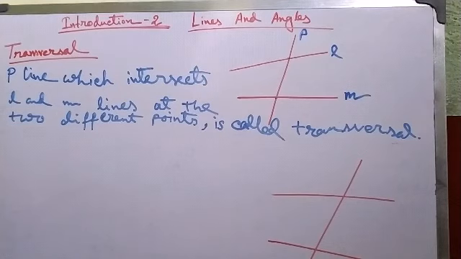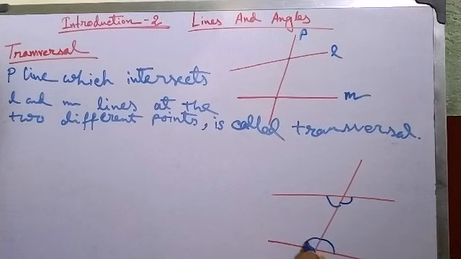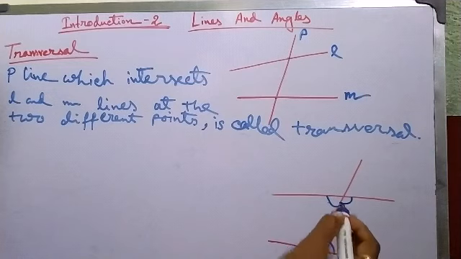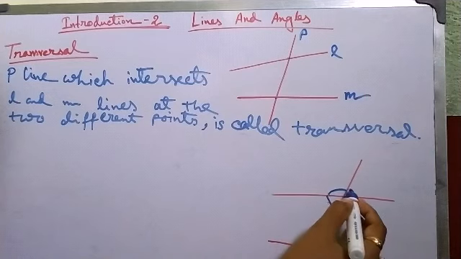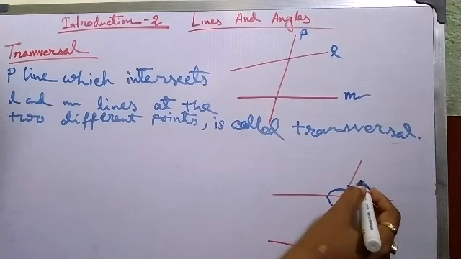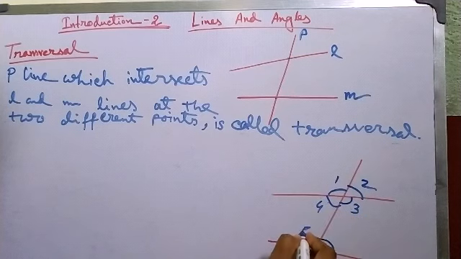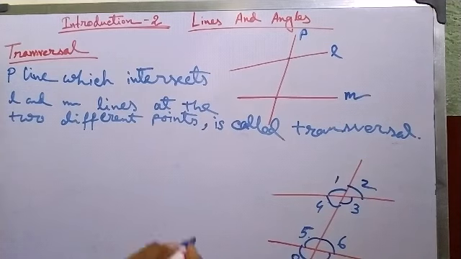Let's discuss the angles which are formed by the transversal. These all are interior angles, because these angles are formed inside these two lines. Here this is 1, this is 2, this is 3, this is 4, this is 5, this is 6, this is 7 and this one is 8.